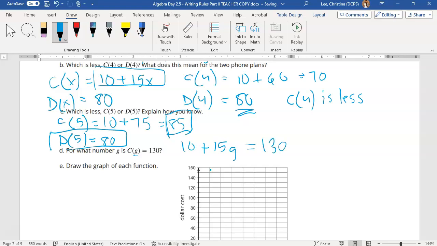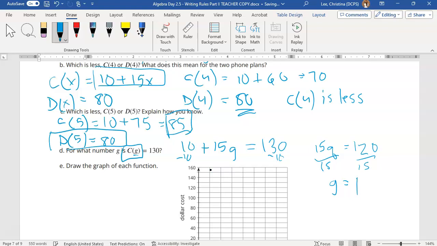So now we just have a standard equation because we've replaced C of G with 130. And so I'm going to subtract 10 from both sides, as I would do in a normal equation situation, and we'll get 15G equals 120. And now we can divide both sides by 15 and calculate for G. So you can easily do that yourself.